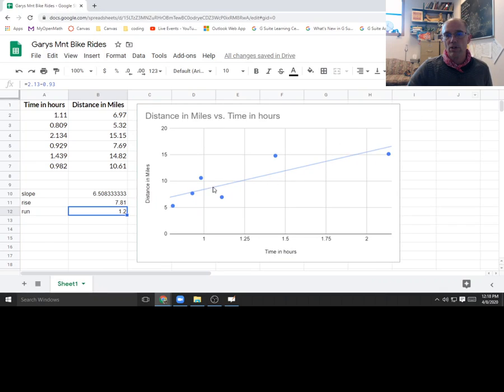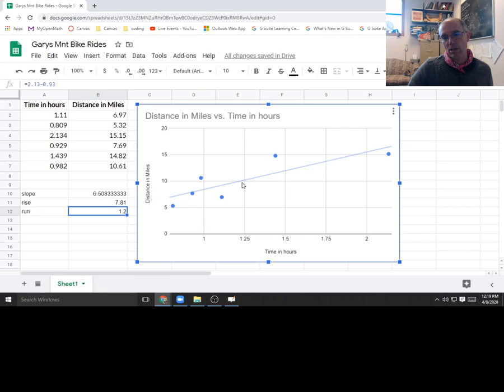Excel will do this also. It did pick this point right here, which is interesting, but it didn't quite pick the last point. It said it should be a little higher up to split the difference. And this is a line of best fit. It's called a linear regression line. The goal of the linear regression line is to minimize the total distance between the points and the line if they don't hit each other.